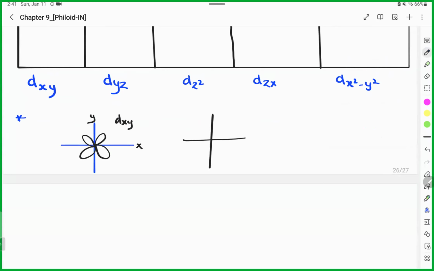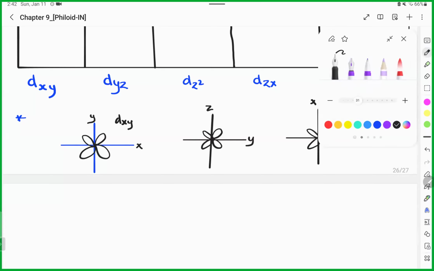Second, dyz, only the axes will change; almost everything will be the same. dzx means one axis will be z and the other x, or the reverse. All these three orbitals look similar; it's just the axes that change. So these three orbitals look exactly the same as each other.